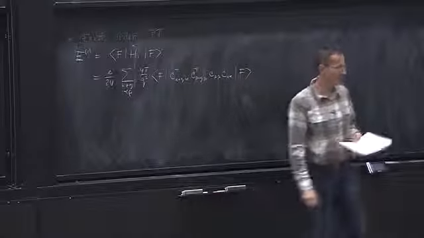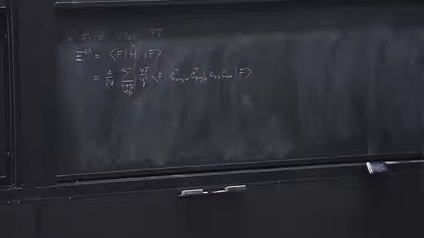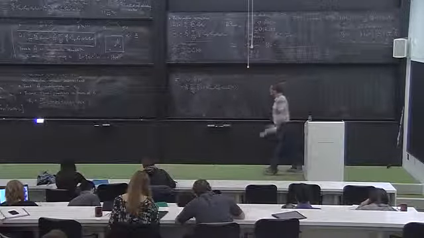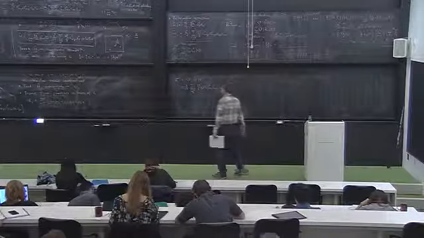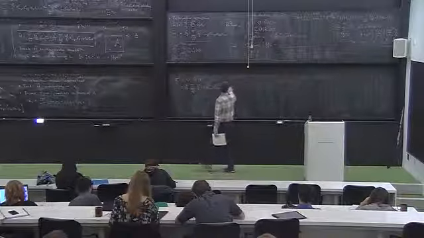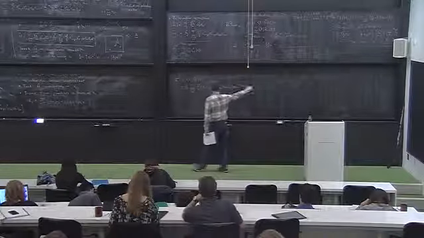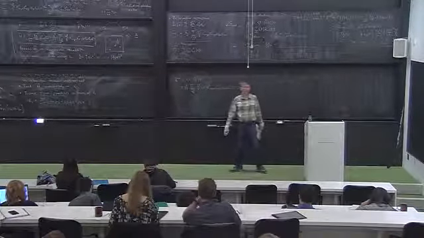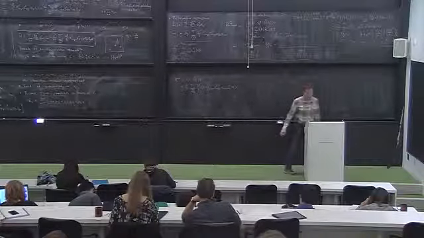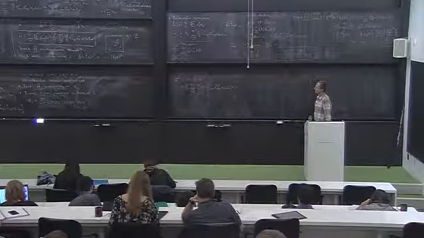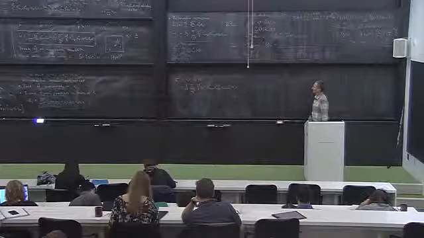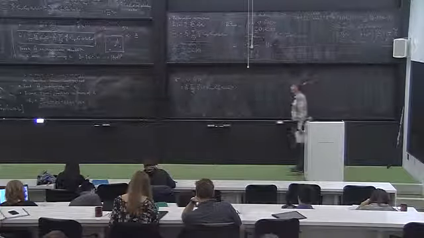Okay, so now we're evaluating this type of more complicated expression. And again, one can do this the hard way by just plugging in this definition and then trying to do all the commutators manually. That's messy, and this is much easier done by a simple argument.